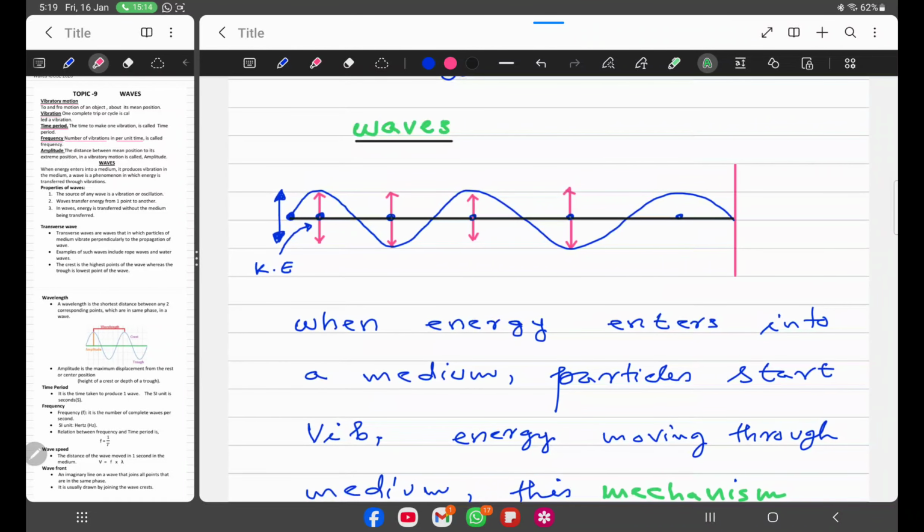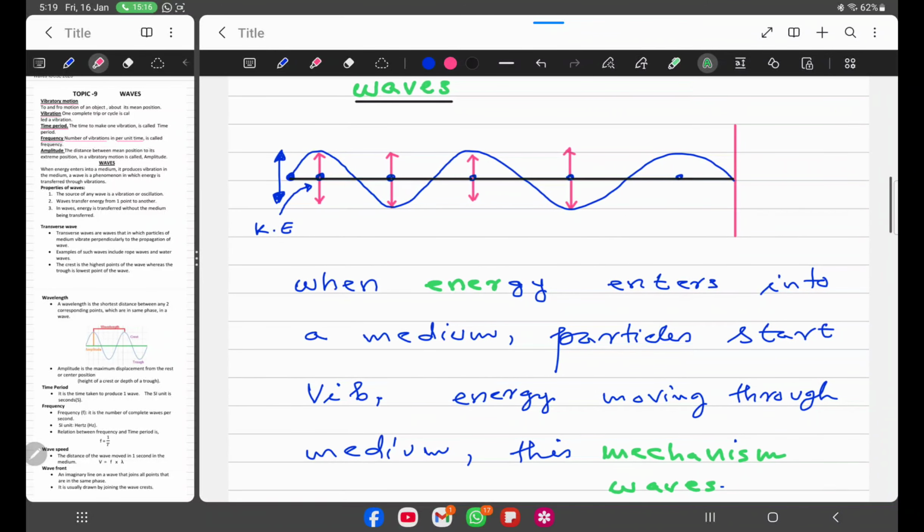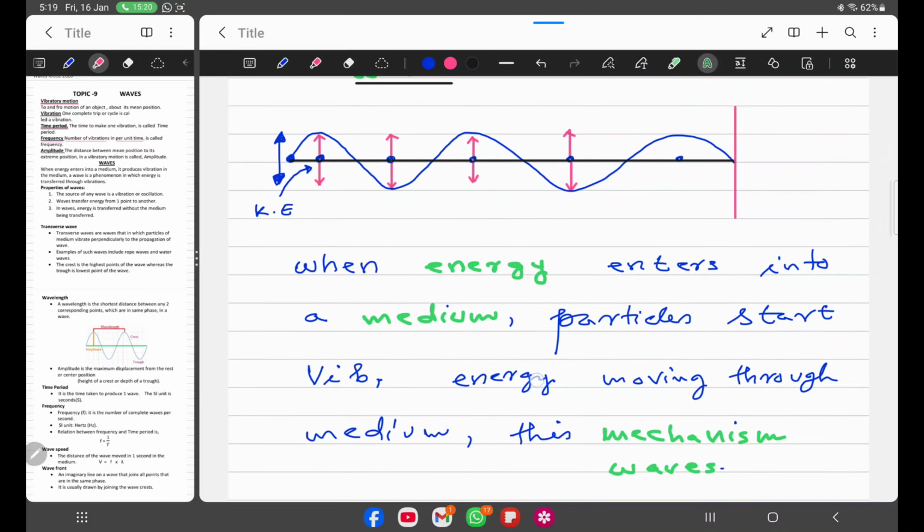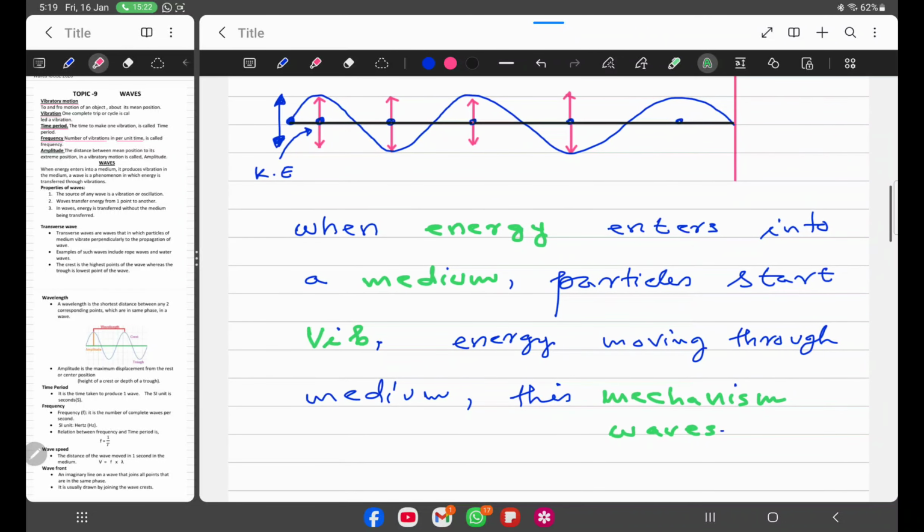And what is wave? I'm repeating: when any kind of energy enters into a medium, then particles of the medium start vibration. This particle is vibrating, this particle is vibrating, particles are vibrating. And by their vibration, energy travels through the medium.